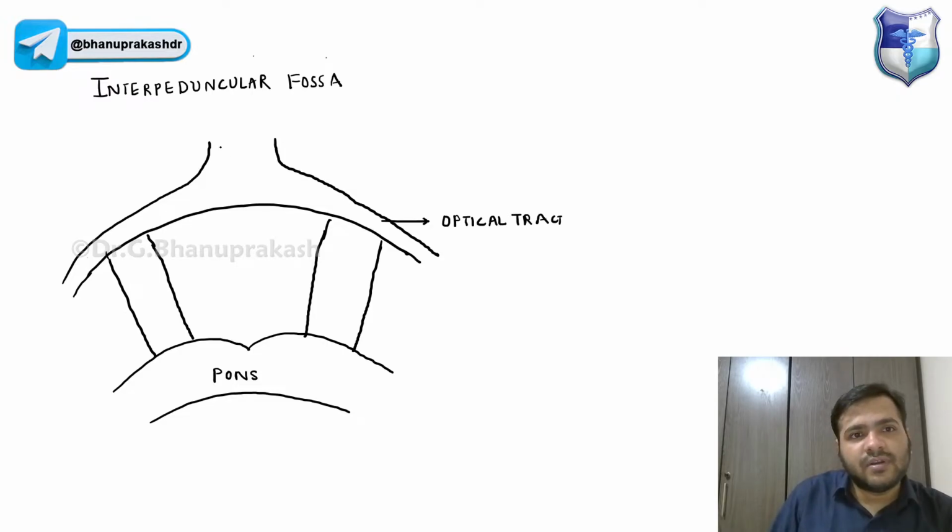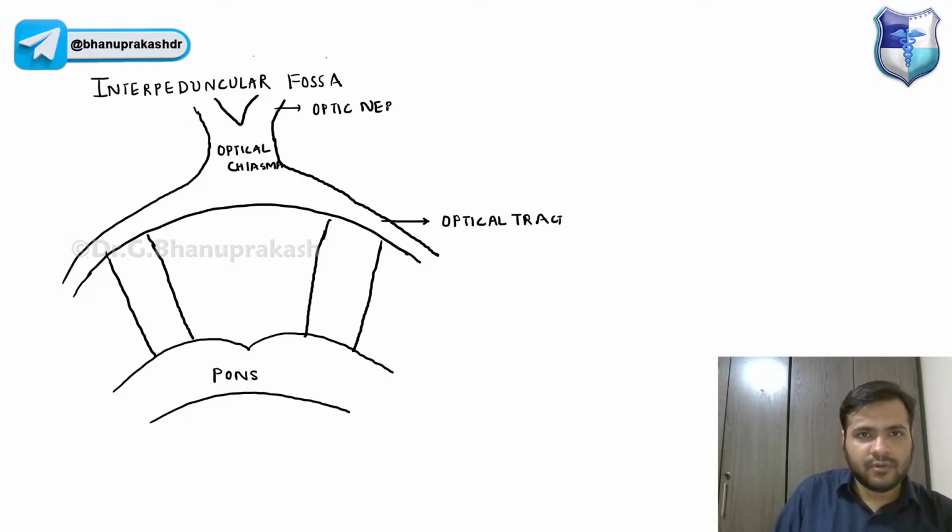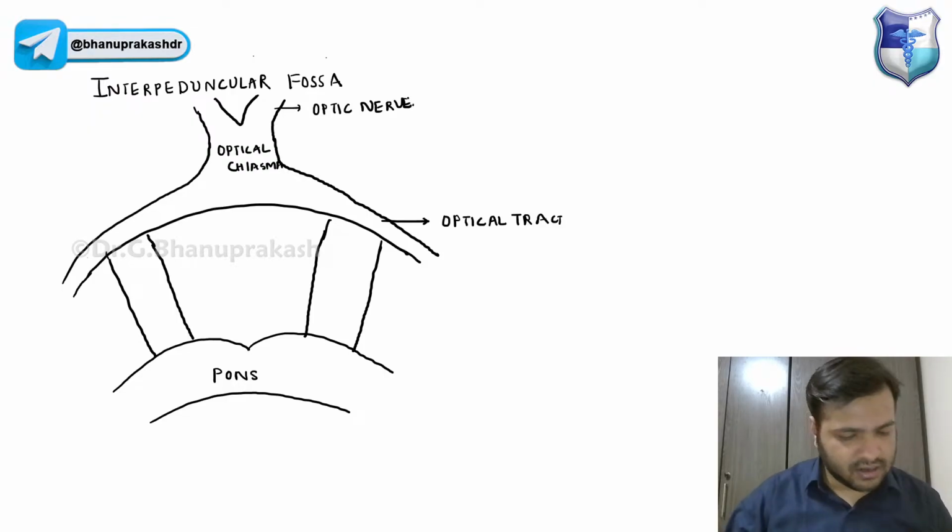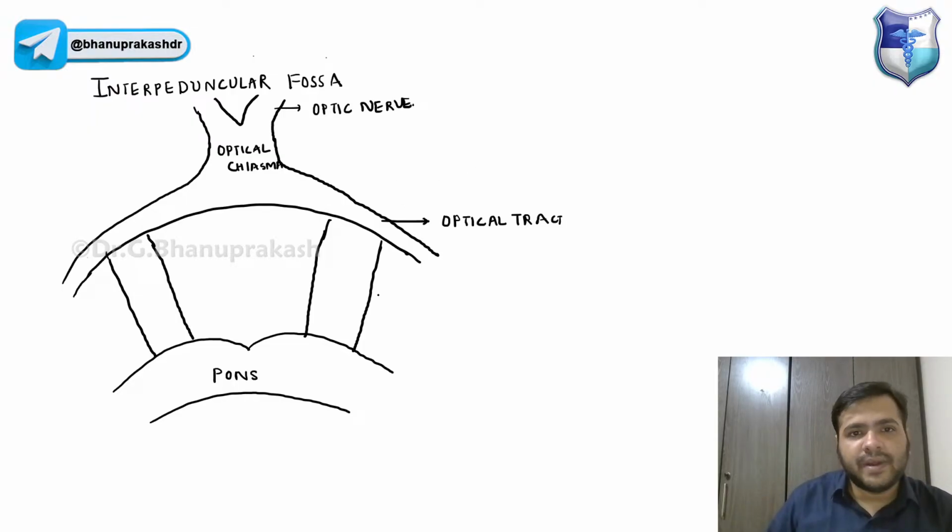In between, the crossing over is called the optic chiasma. And from here come the two optic nerves from the two eyeballs, the right and the left optic nerve, something you already know. So these are the cerebral peduncles, this is nothing but the cerebral peduncle.